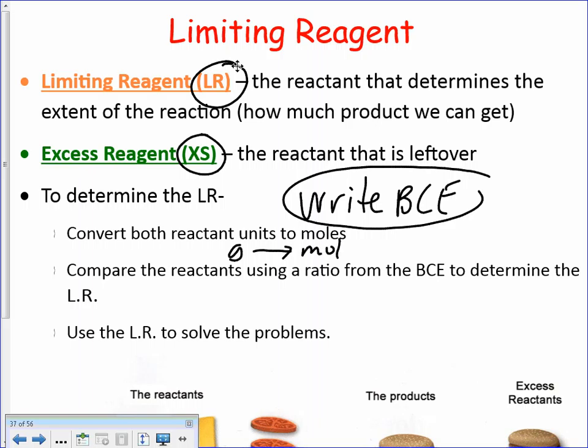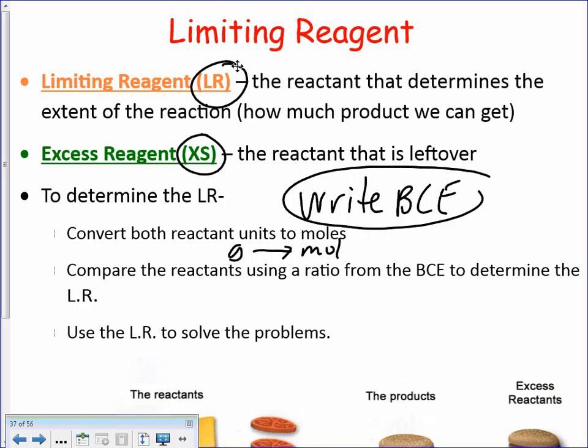We compare moles to moles because we have that mole ratio to compare with. So that's why you have to get to moles first. Sometimes it'll be given to you in atoms or molarity and liters. You've got all these different ways now to get to moles. So first step, get to moles. After you get to moles, you'll compare the reactants in a special way, and I'm going to model that for you. That comparison will then reveal who the limiting reagent is, or the LR, and we'll move on from there.